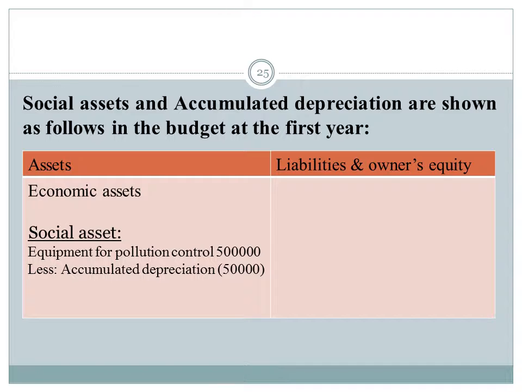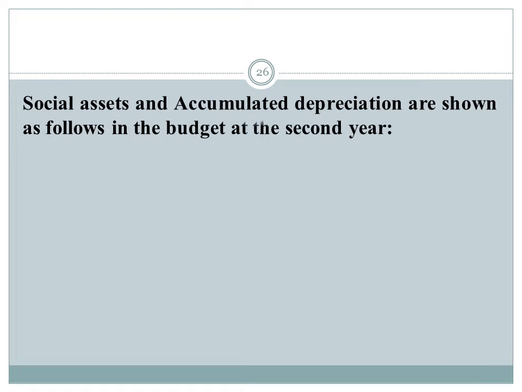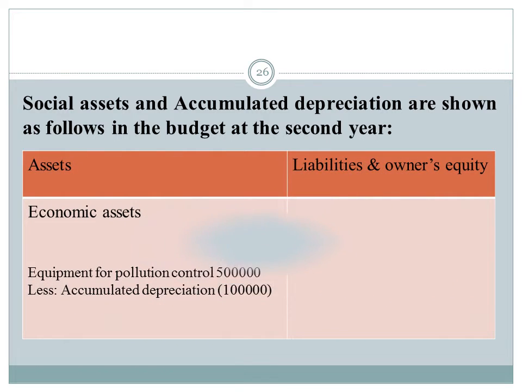So social assets and accumulated depreciation in the second year will be: assets, economic assets, the same amount, but accumulated depreciation will be 100,000 in the second year.